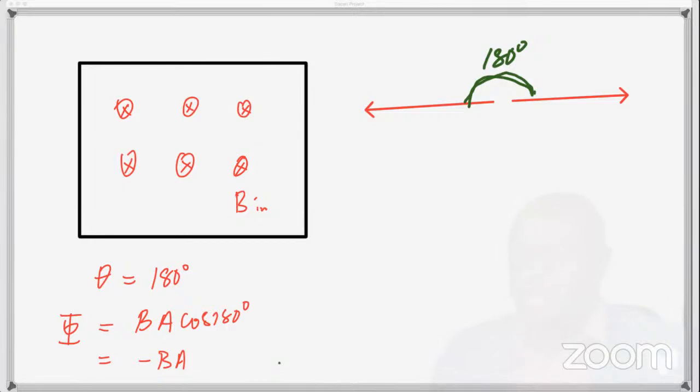When the angle is in between, you use the full equation. You plug the angle into B times A times the cosine of the angle, and you get something between 0 and the maximum value of B times A.